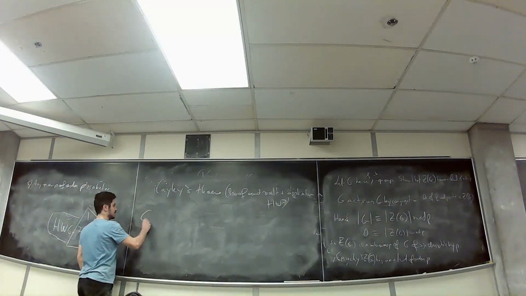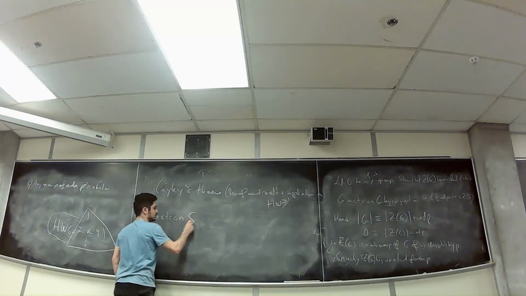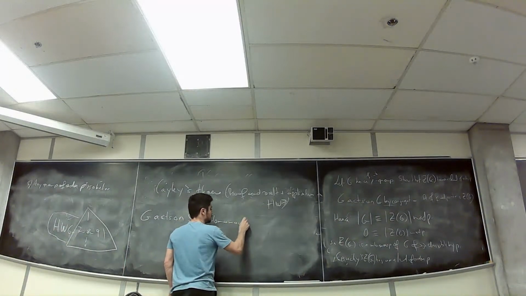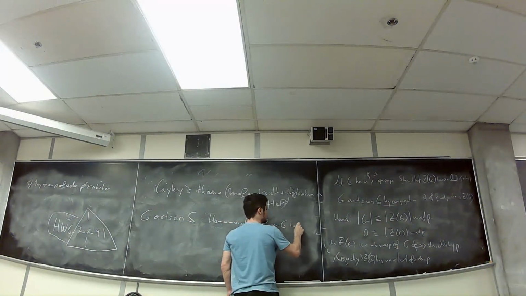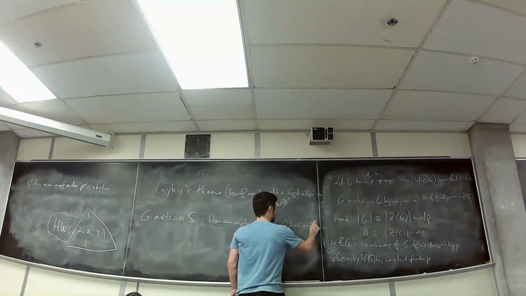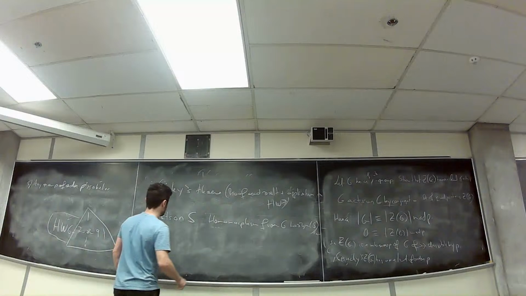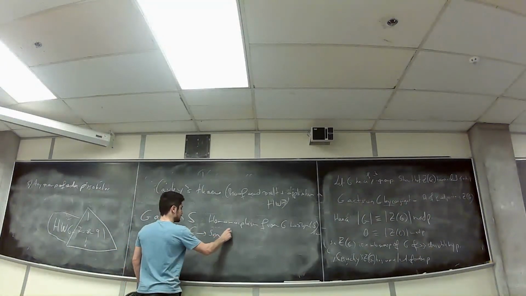Now, if G acts on S, the homomorphism is one of the most important parts, from G to Sym(S). What is the kernel of this homomorphism? Homomorphism rho from G to Sym(S).